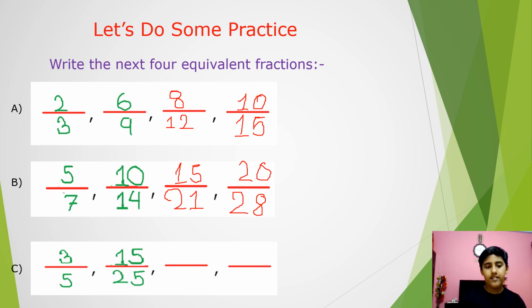So we have another example, 3/5, 15, 20 by 25. So after 15 in the 3's table, we have 18. After 25 in the 5's table, we have 30.